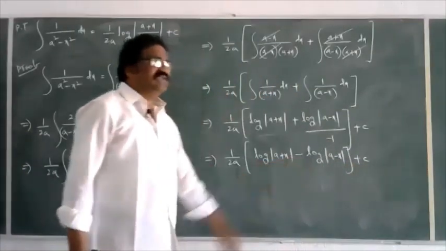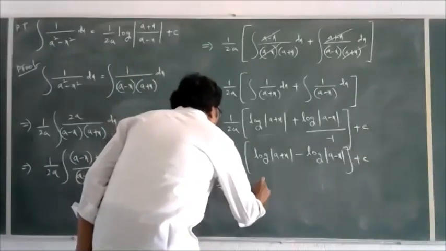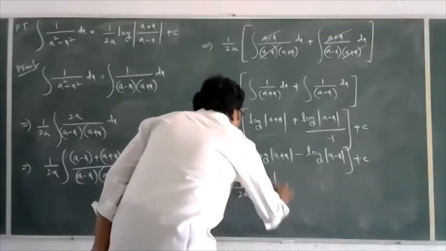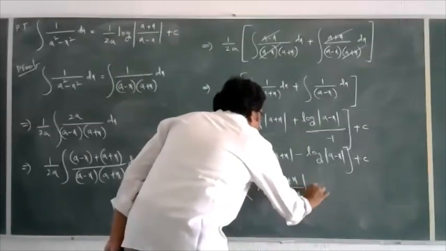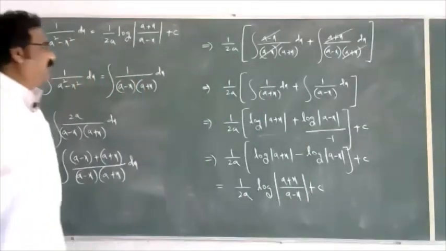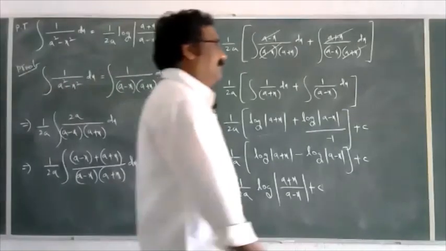Here log a minus log b is log a by b, so that is equal to 1 by 2a into log mod a plus x by a minus x plus c.